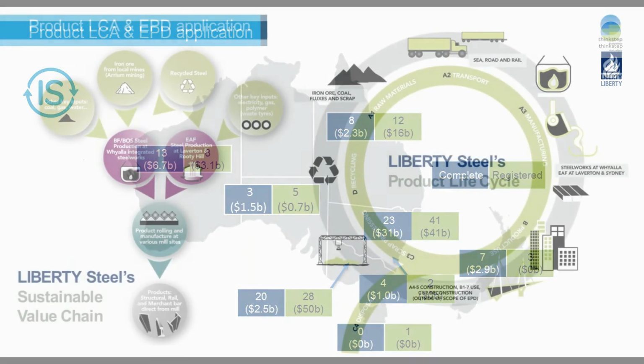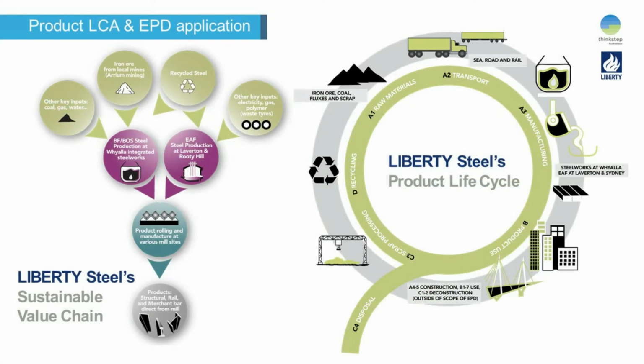From the point of view of Liberty and really the closed loop that we have, from this slide, you'll see the product life cycle, which essentially shows that we maintain control effectively all the way through our supply chain. We own our own iron ore mines in the Middleback Ranges in South Australia, which is very close to our Whyalla steelworks. We also own our own recycling facility.